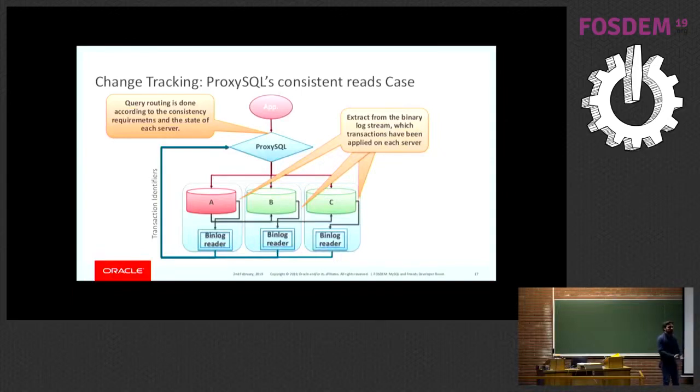It's extracting the GTIDs that run through this change stream and collecting a global knowledge of the system to understand the state of each of the replicas in my system, so that I can make decisions about the routing of queries to the proper replica. This is very roughly how ProxySQL implements consistent reads across a set of replicas.